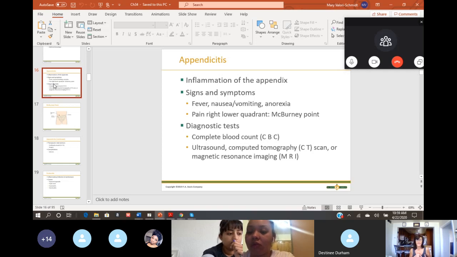If they do develop appendicitis, here's the problem, and it's not treated, the appendix can actually rupture. That's a very life-threatening condition, because the fecal material and that infectious material and the toxic waste that's in the bowel right there all now spills into the peritoneal cavity and can cause the patient to get septicemia, go into septic shock, and even die.